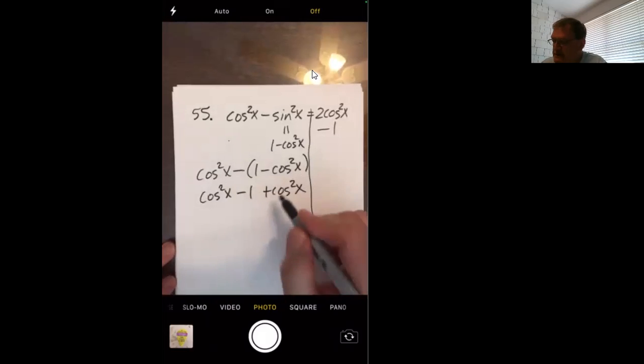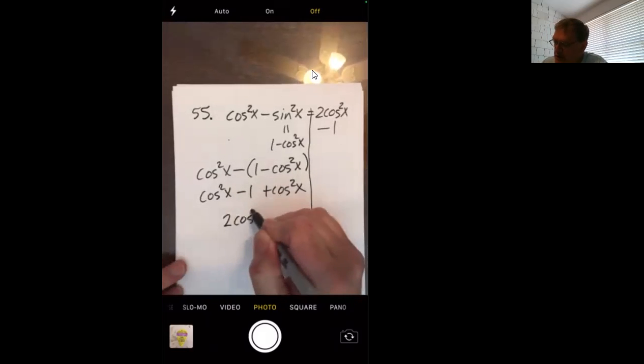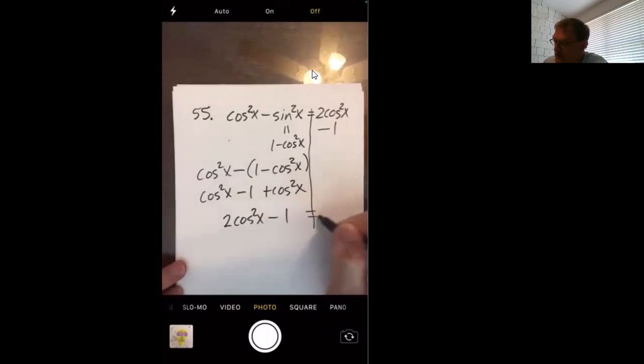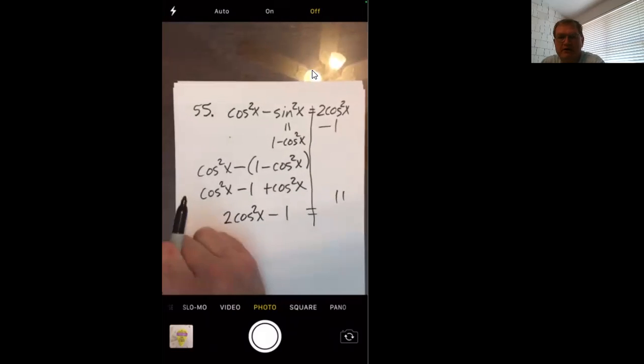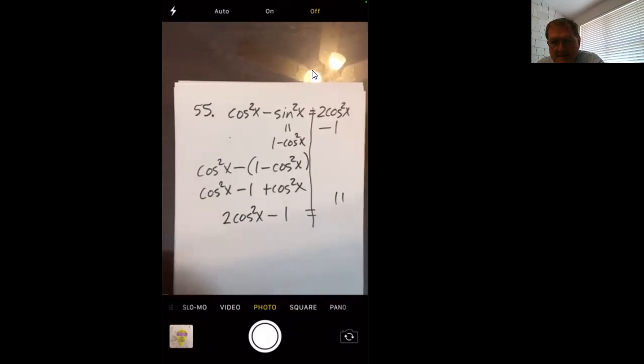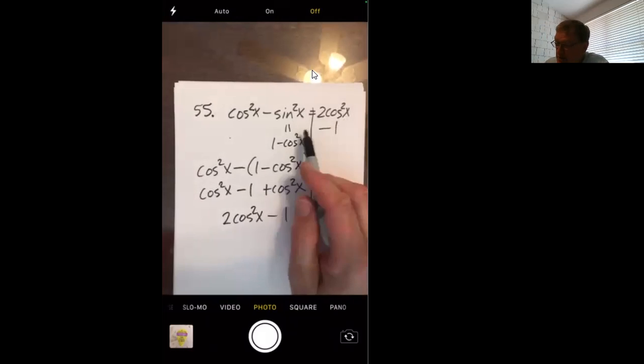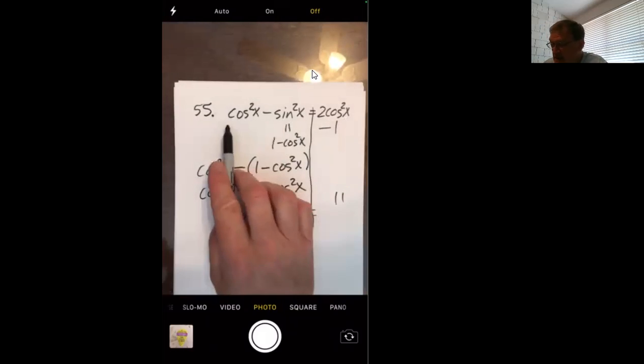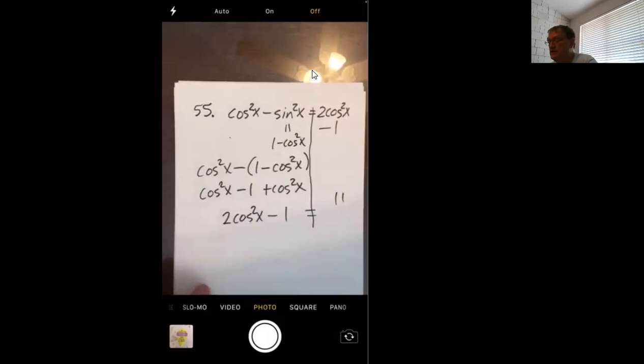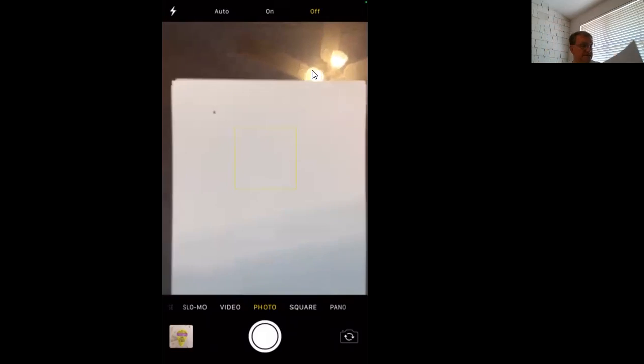Cosine squared plus cosine squared, there's 2 cosine squared of x minus 1, equals on the other side 2 cosine squared of x minus 1. There may be other ways to do it. I could have converted this side to 1 minus sine squared and played around. You don't have to do it exactly the way that I do it.